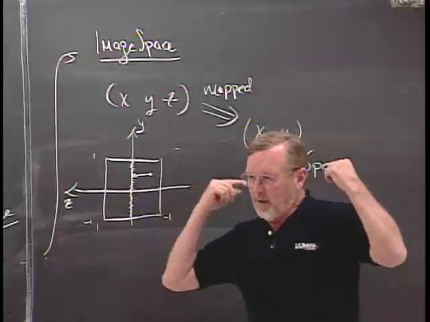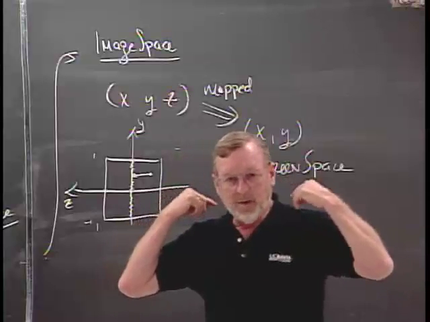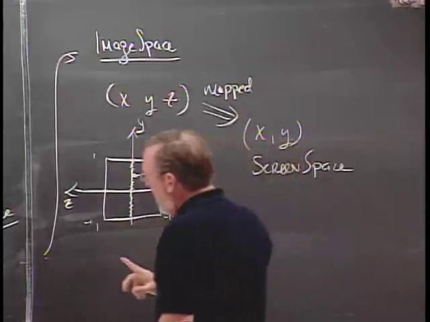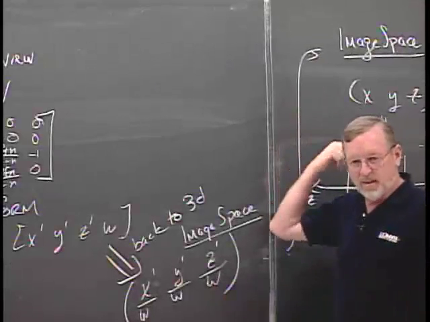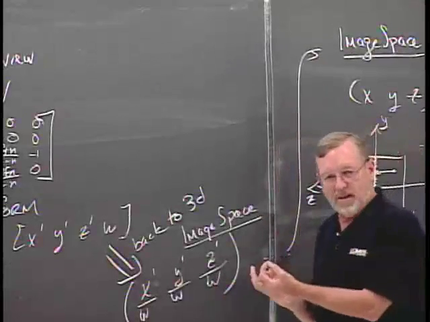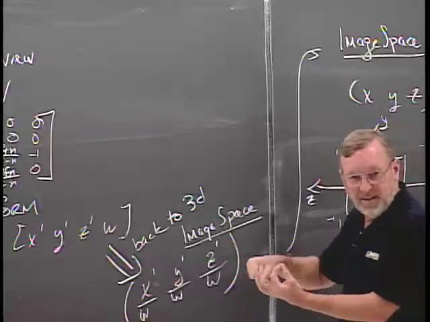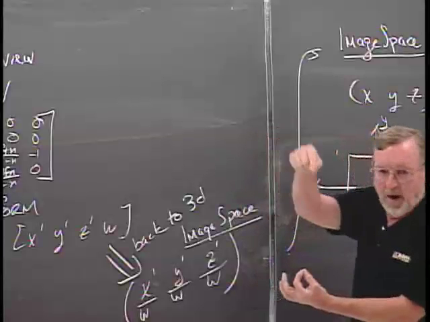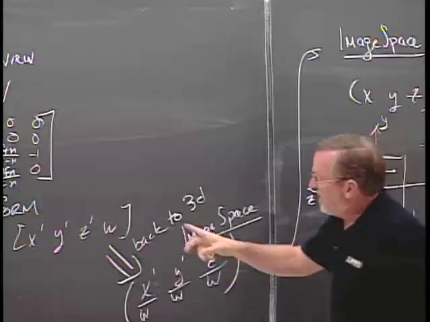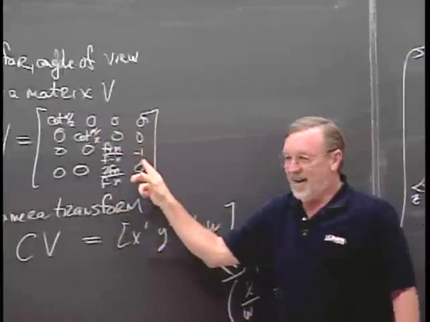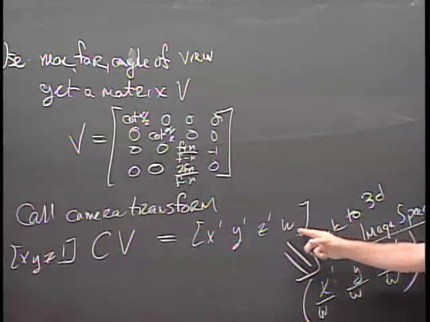And unfortunately, those points behind us will come out with negative w's. If our camera's at the origin, looking out the negative z-axis, those points behind us have positive z values. Those things with positive z values end up with negative w values.